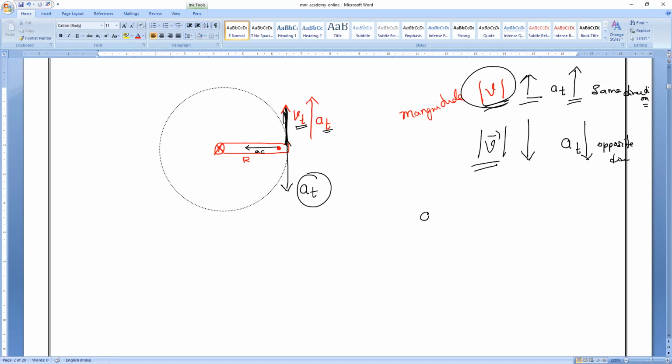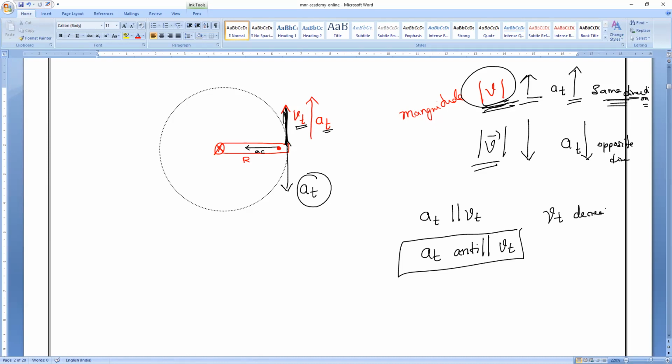Keep in mind, AT is parallel to VT when VT is increasing. Otherwise AT is anti-parallel to VT, when VT is decreasing. So AT will act in the opposite direction. I hope everybody understands.